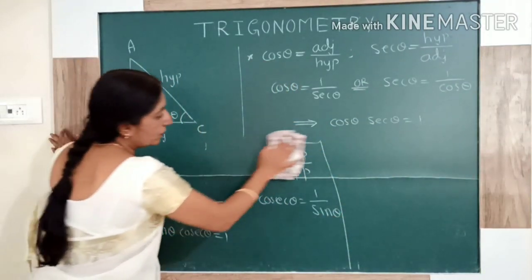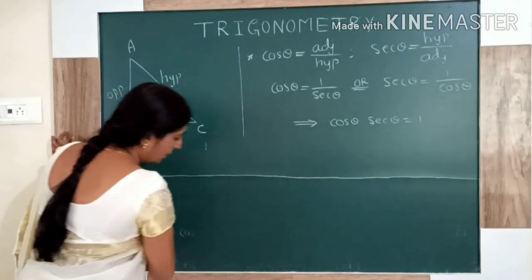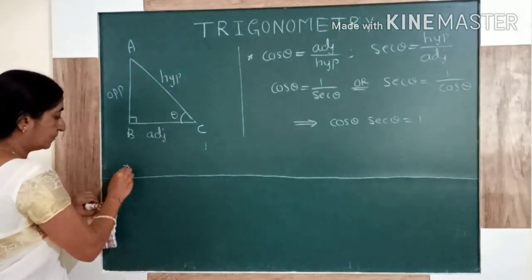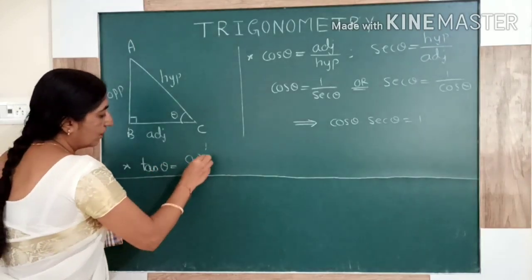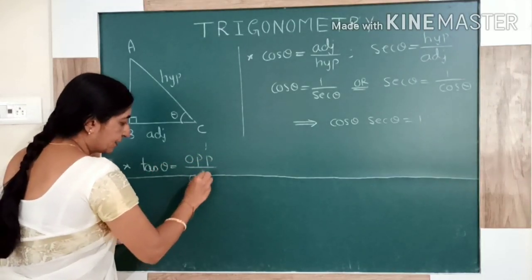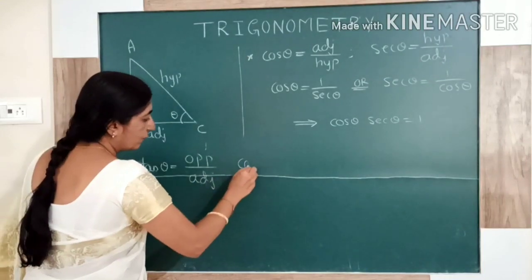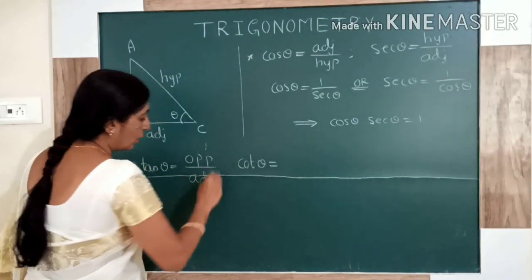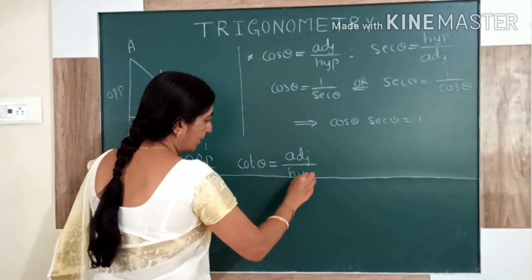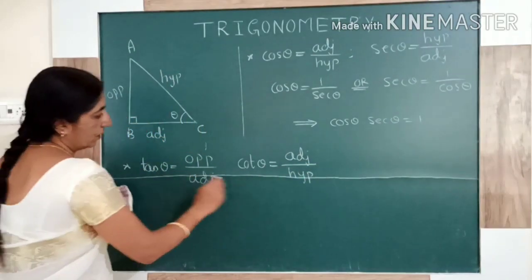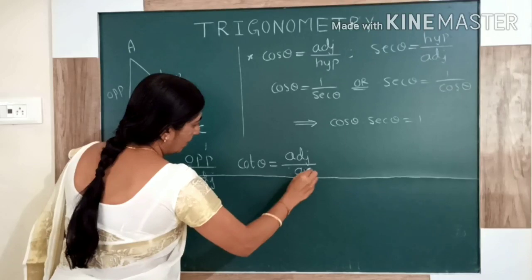Then we are going for the next one. What is the next one? Next is tan theta. Tan theta will be opposite upon adjacent. Immediately after tan we go to cot. Cot will be adjacent upon opposite.